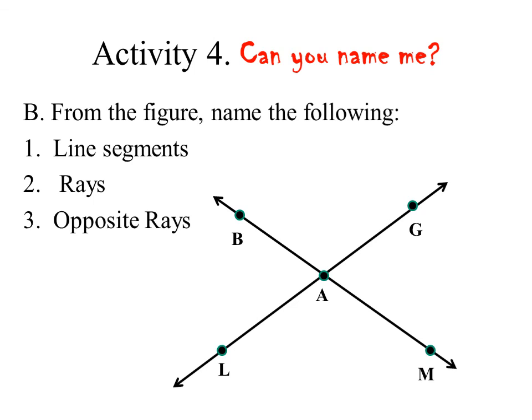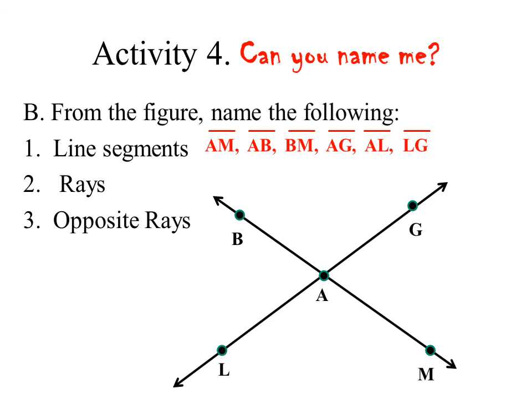Do you have your answers now? So let's check. For the line segments, we have line segment AM. Can you see? Line segment AB, line segment BM, or MB, pwede rin.